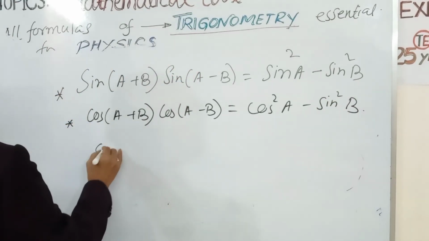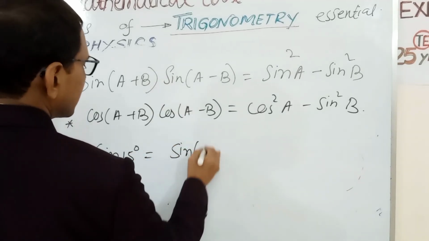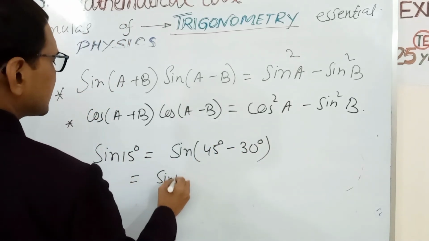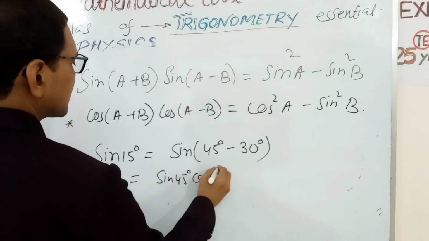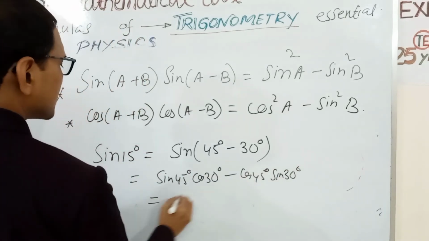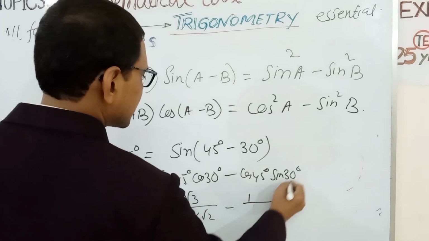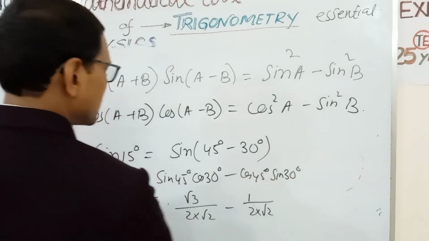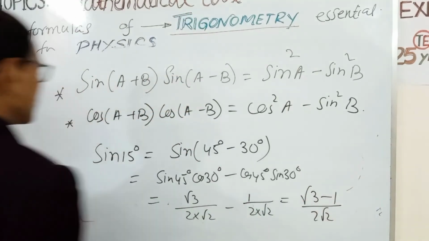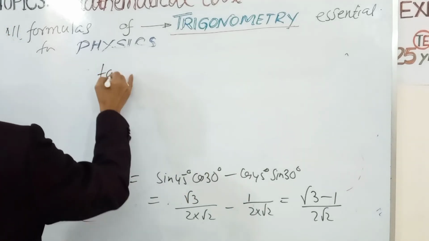Now what is the value of sin 15 degree? 15 degree equal to 45 degree minus 30 degree. So sin 45 degree into cos 30 degree minus cos 45 degree into sin 30 degree. So this becomes 1 by root 2 into root 3 by 2 minus 1 by root 2 into half. So this becomes root 3 minus 1 by 2 root 2. So this is sin 15 degree. We can find cos 15 degree and tan 15 degree.